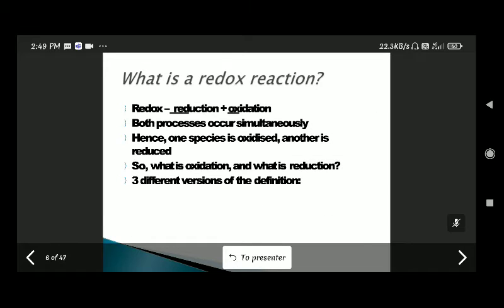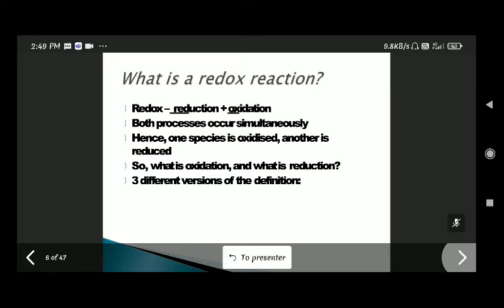So potassium permanganate is not a primary standard. So you have to always standardize potassium permanganate using a standard solution of Mohr's salt, or you can use another reducing agent. Oxalic acid also can be used for standardizing it.